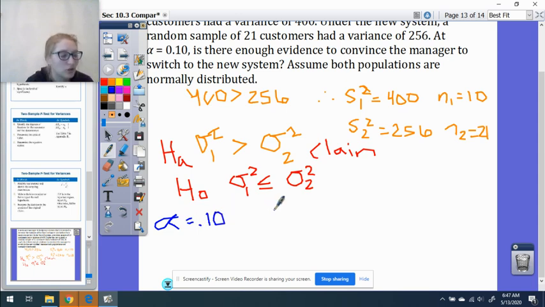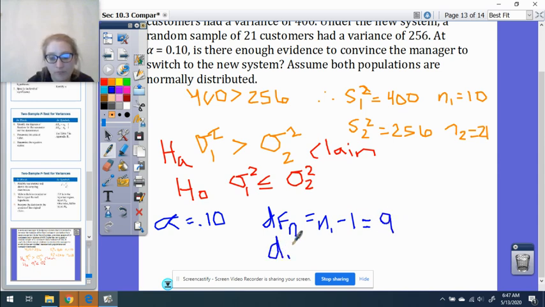So that means I can just use the chart straight away that has 0.10. And so my degrees of freedom of my numerator is n1 minus 1, which is 10 minus 1, or 9. And the degrees of freedom of the denominator is n2 minus 1, which is 21 minus 1, or 20.